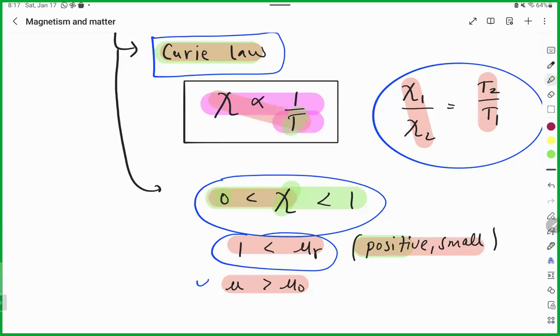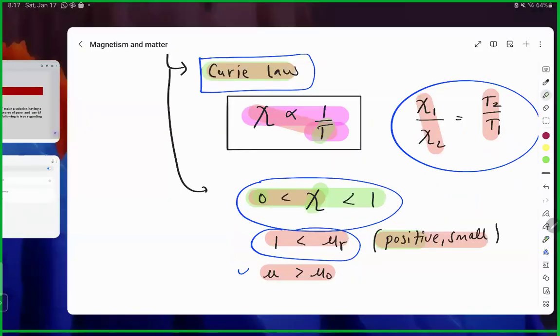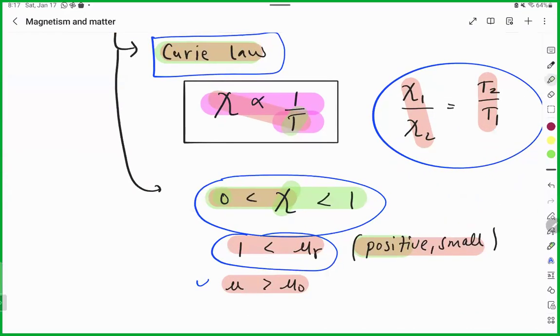Pratigya, what was the chi value in the diamagnetic material? -1, or remain in minus. Anvita, what was the relative permeability value in case of diamagnetic material?